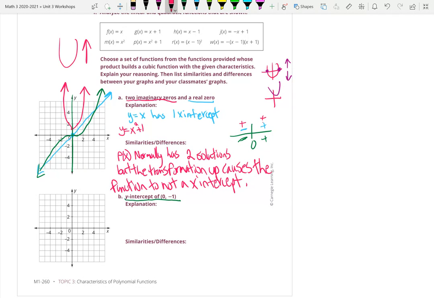And let me be consistent with my colors. I see that the only one that is in standard form is h of x is equal to x minus 1. This is in standard form, meaning that the y-intercept is -1. So it's going to be -1, up 1.